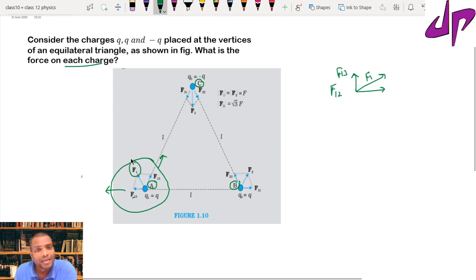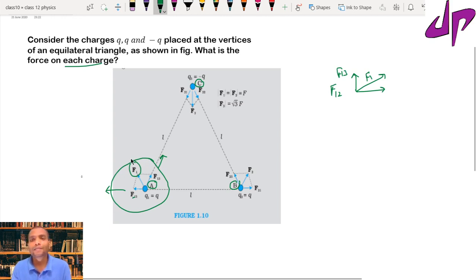Similarly, we need to calculate in the same manner at B and at C, because they are asking what is the force on each charge. Now it is time to remember the parallelogram of vectors, the resultant vector magnitude.